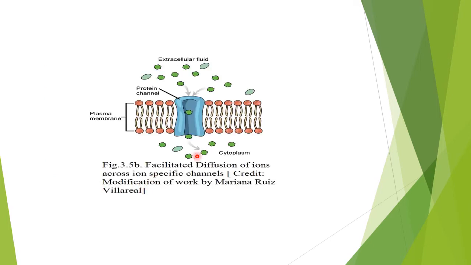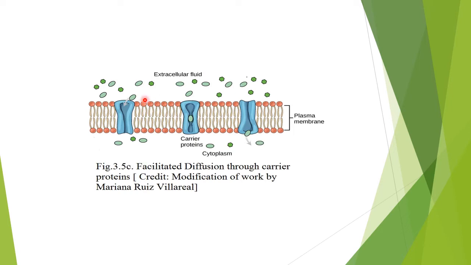Here with a simplified diagram, you will see this is a protein channel. These are the lipid bilayer, protein bilayer, and this is the extracellular fluid. These are the ions which are coming through and going inside. Facilitated diffusion of ions occurs across the ion specific channel. These are specific ion channels. And this is another diagram for the carrier proteins. So channels and carrier proteins have a difference.